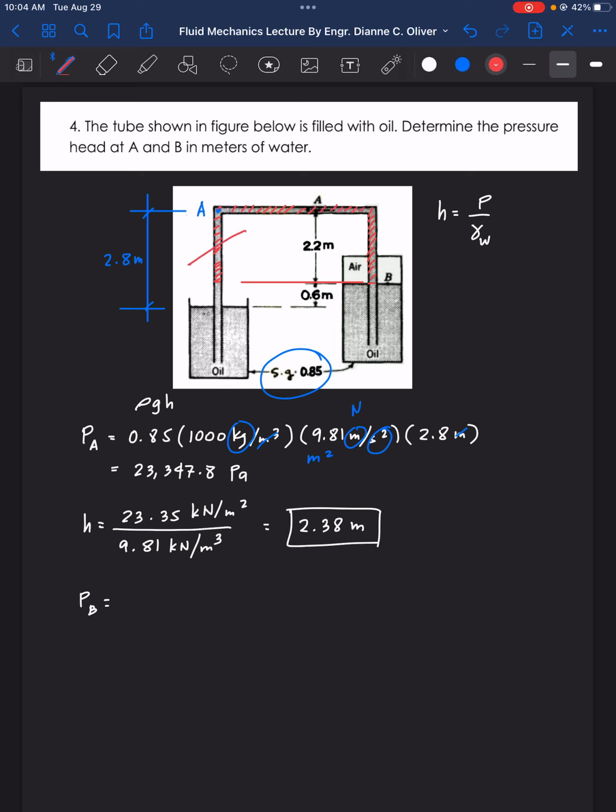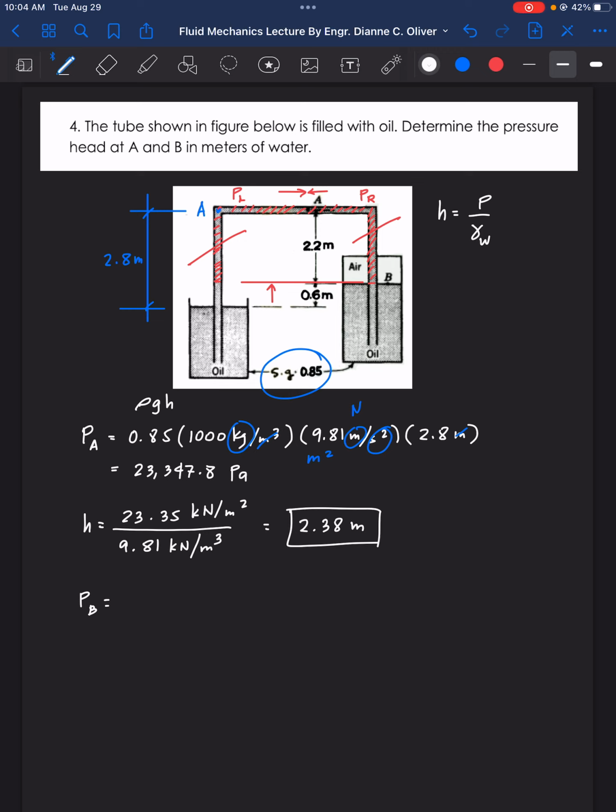Therefore, we will cancel out this portion because they are equal. The pressure at the left side is equal to the pressure at the right side, so we cancel it out. What's left for point B is the height 0.6 meter from the free surface up to point B.